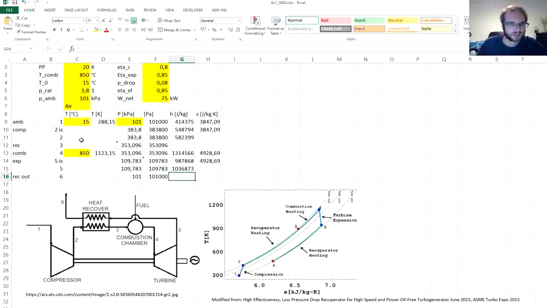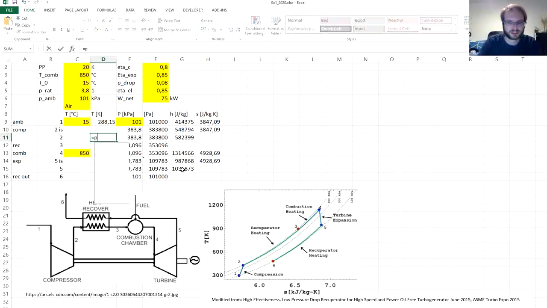Okay, so we have the points 2 and 5. After compression and after expansion, respectively, we have the enthalpy, we have the pressure. Those are again two thermodynamic parameters which are completely defining the thermodynamic state, and we can use these two to get temperature.